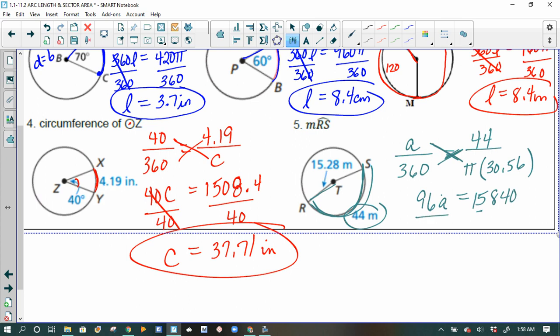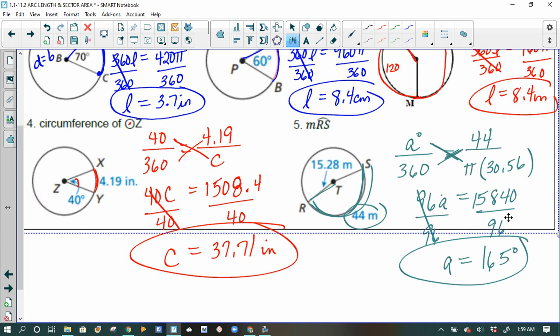And then divide by 96. So every time you're just going to cross multiply and divide. So divided by 96 is 165. And that's in degrees this time because that was looking for the measure of the arc, which is in degrees.